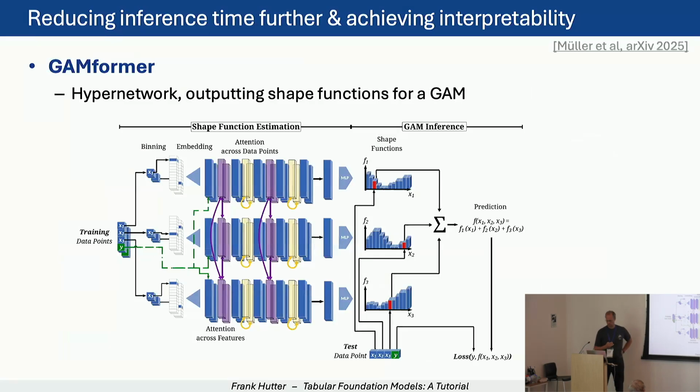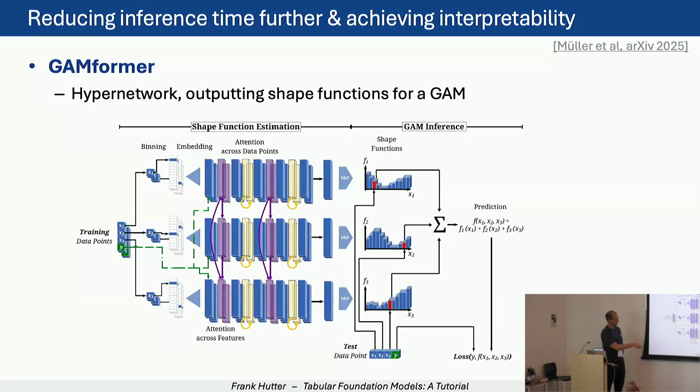And then a follow-up work that we did together with Andreas is also very complicated, but this is a TabPFN with a TabPFN v2 architecture. And in the end, it outputs this shape function. So it outputs a generalized additive model, which basically is just, for each of the test data points' columns, you have a little function.